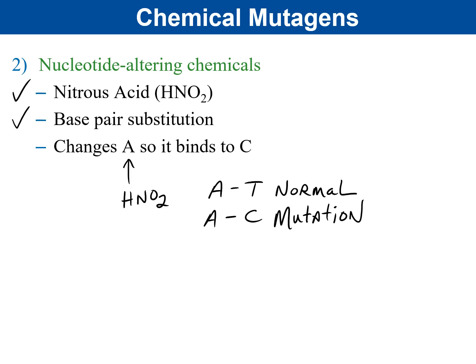Now, A will not stay bound with C long term. What ends up happening is once that C is present, the A may disappear over time and eventually become a GC pair over time.